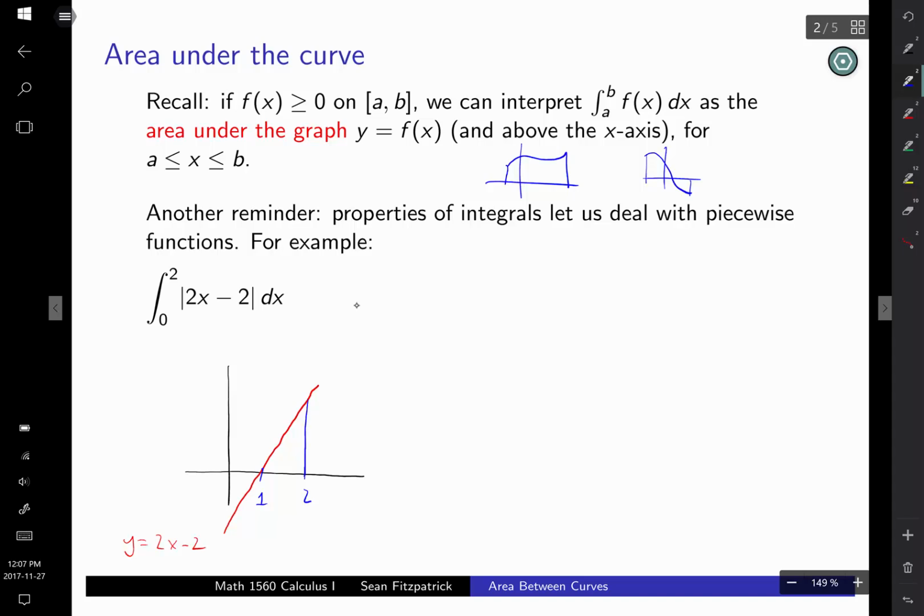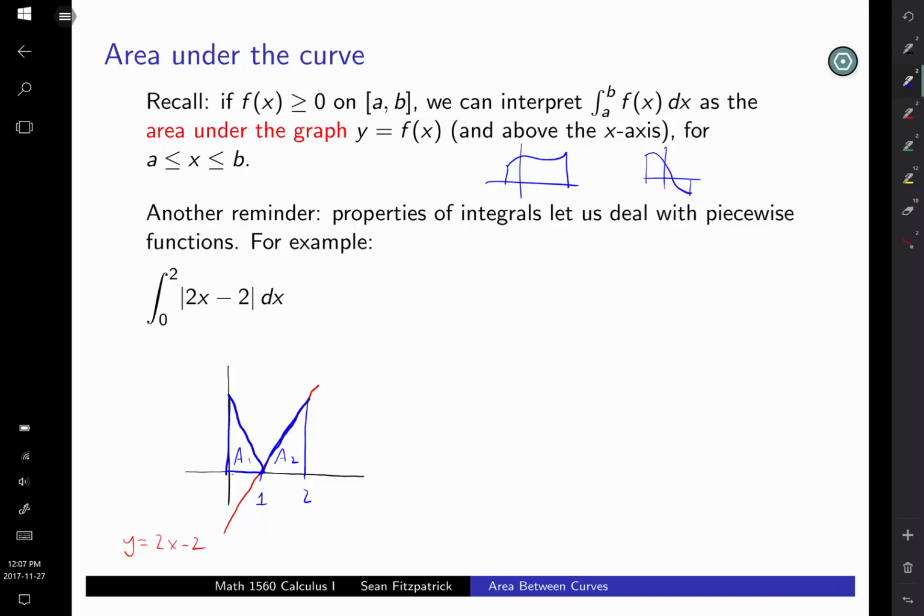Well, this part remains the same because that's already positive. It's above the x-axis. Anything that's negative gets flipped around like that. Now, once we take the absolute value, we get the area under this blue curve. So there's an area 1, there's an area 2, and both of those areas are triangles.